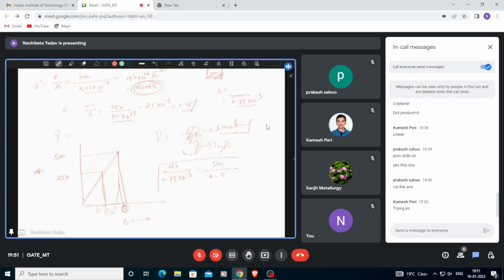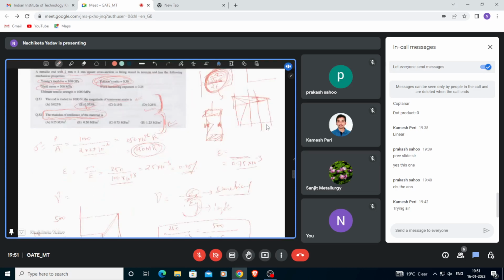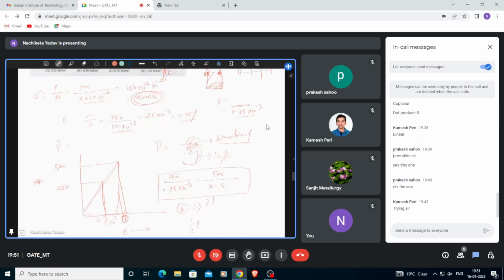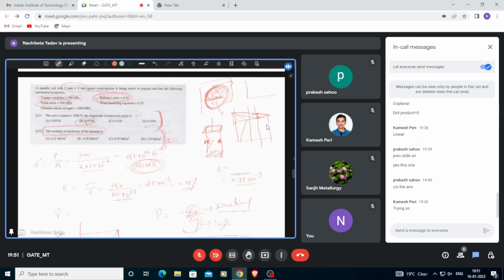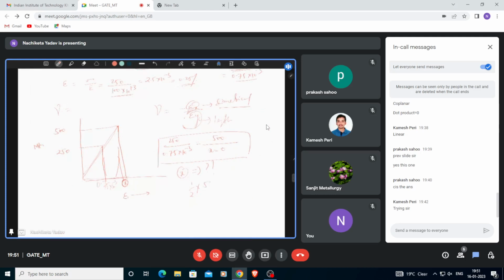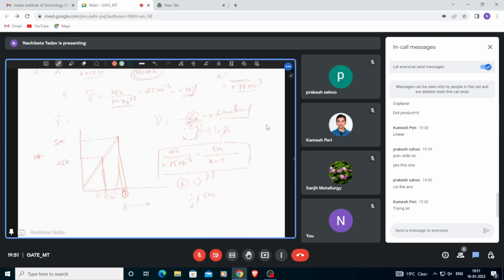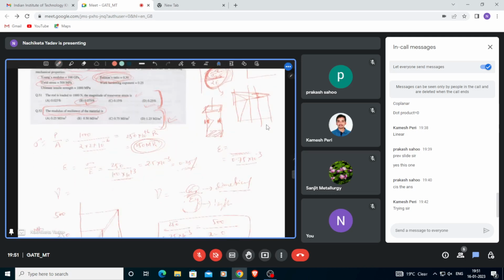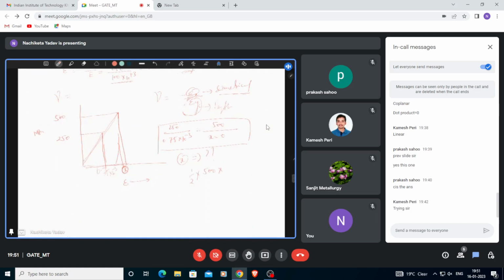So from here you can calculate the x value, and resilience we already know is 1 by 2 sigma square. Sorry, we take yield strength, this one, 500 megapascal, into this x value simply.